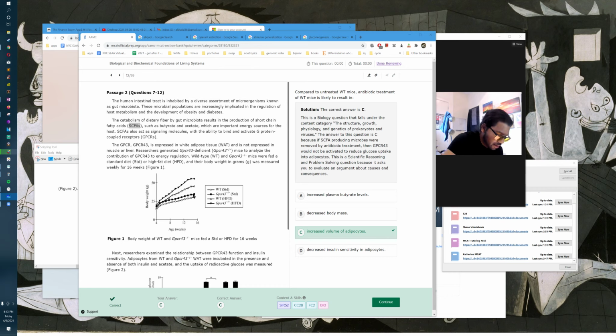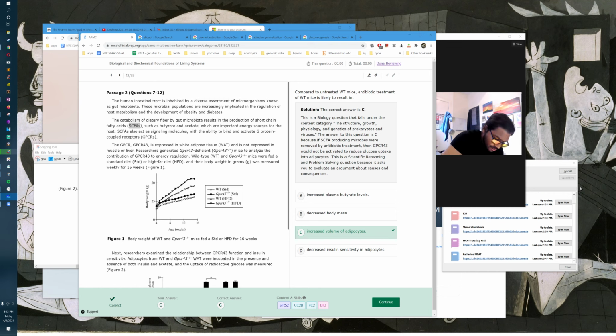So if we compare wild type standard diet versus wild type high fat diet, body weight is higher.